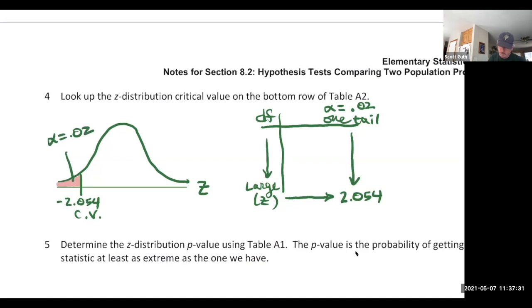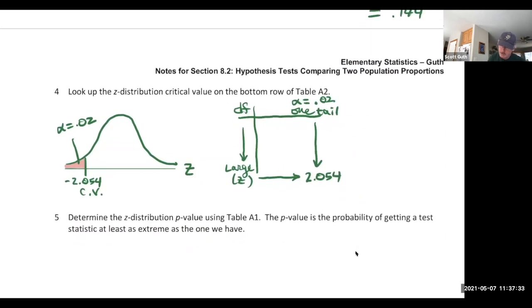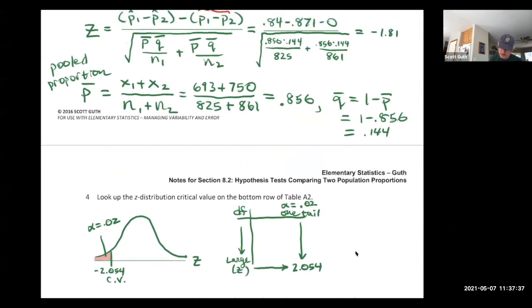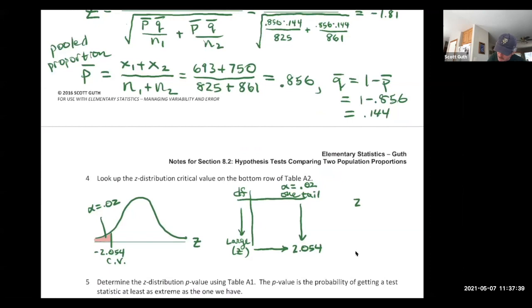Okay, so we're saying that our z statistic, that z equals negative 1.81. This is not in the tail. So based on our rule, it's not statistically significant.